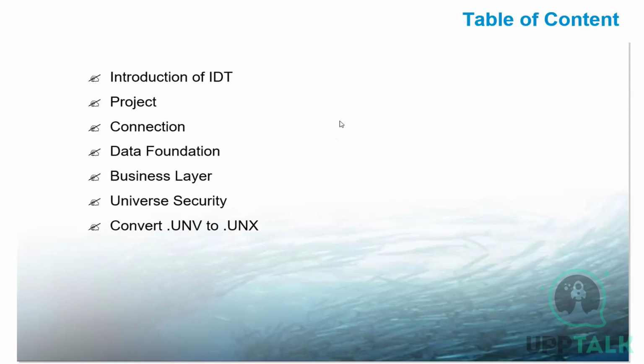We also have another tool, Universe Design Tool. It is more or less similar, but the user interface is a little bit different. Other than that, the purpose is the same. IDT is a newer version of Universe Design Tool. If you create a universe in Universe Design Tool, which is the older version, it will be saved as a .unv file.